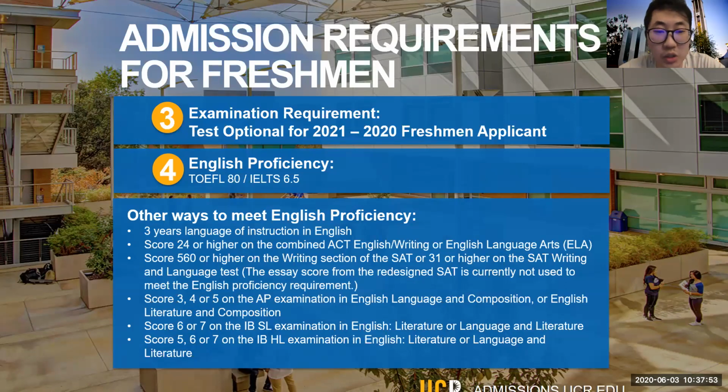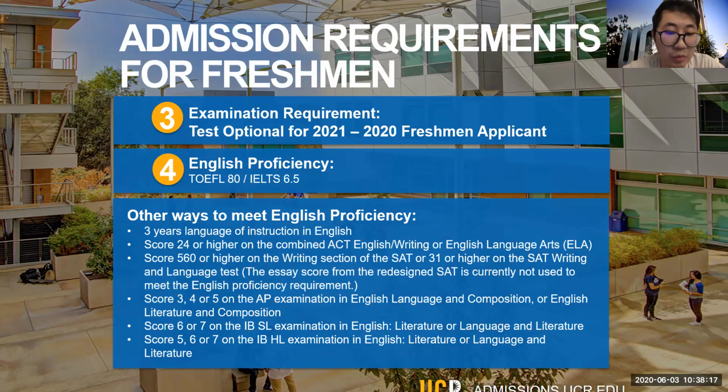And the fourth requirement is English proficiency. We need a TOEFL of 80 and an IELTS of 6.5. And of course, there are many other ways to meet the English proficiency requirement. For example, if you're from a high school that has 3 years of instruction in English, so if you're in IGCSE or A-level, you should be able to meet that requirement because all the classes are taught in English.